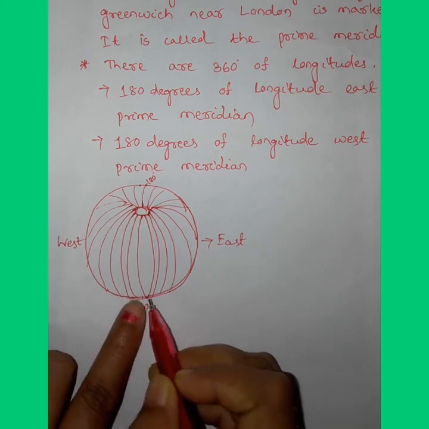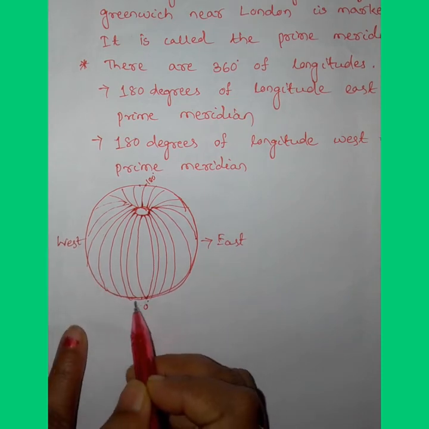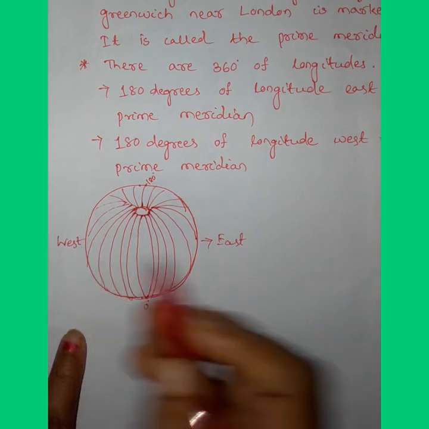From 0-degree, these are the east longitudes, and these are the west longitudes.